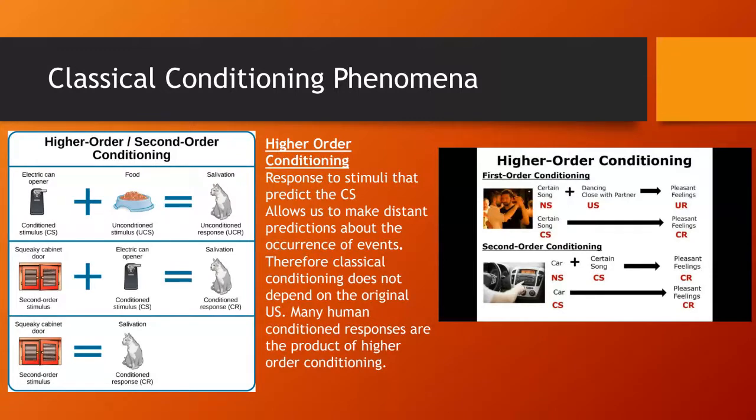The example on the right is you might go to a dance and dance with a partner. A certain song comes on, you dance with your partner, and have a very pleasant feeling. The song was the neutral stimulus, the dancing was the unconditioned stimulus, and the pleasant feelings were the unconditioned response. Therefore, that song is now conditioning you to pleasant feelings. Second order conditioning is you get in the car, which is not linked to anything, it's completely neutral, but the song comes on the radio.